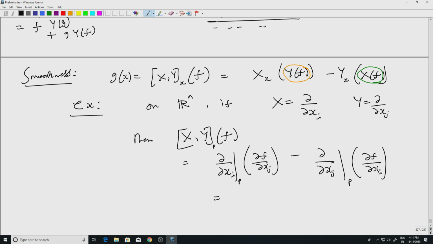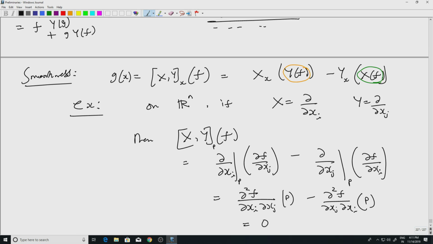But both of these are what one usually means by mixed partial derivatives, and they're denoted like this: del squared f by del xi del xj at P minus del squared f by del xj del xi at P. And we know from multivariable calculus that for a smooth function, mixed partial derivatives are equal.